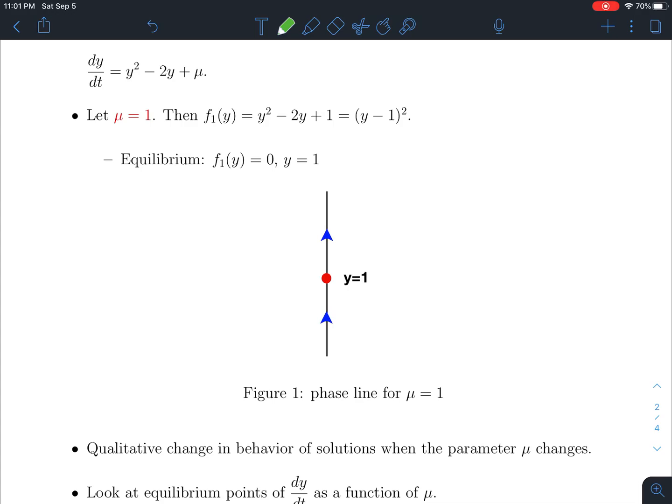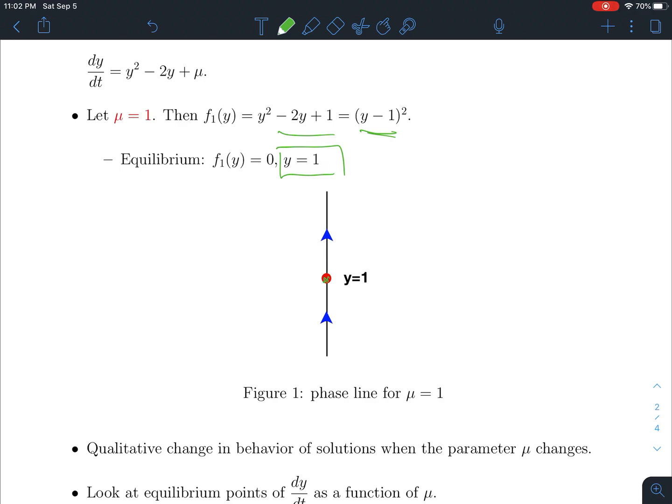What happens when mu equals 1? When mu equals 1, the differential equation becomes dy/dt equals y squared minus 2y plus 1. This is a perfect square, (y minus 1) squared. For this particular mu, we solve for the equilibrium, and since it's a perfect square, y equal to 1 is the only equilibrium point.